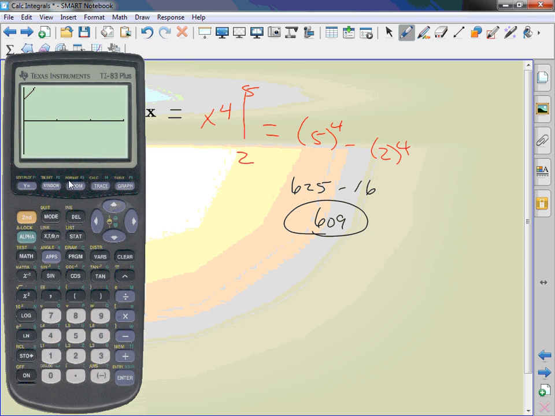I'm not going to get the whole graph, but everything that's underneath here, the area would add up to 609 units squared. You're fine, you can just write 609. There's no catch on this part right now.